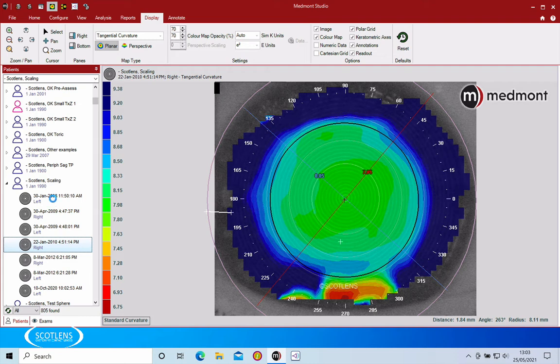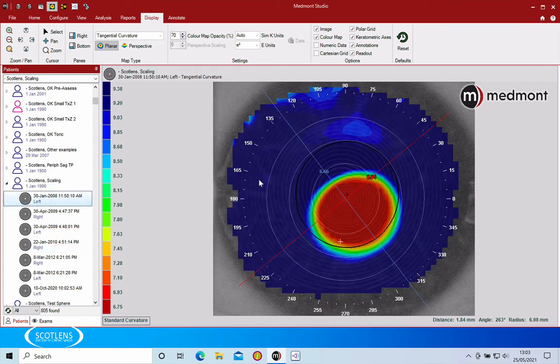So if we look at this map, we can see that we've got an abnormal cornea. So we have a very red area in the middle, and this is obviously keratoconus, surrounded by blue all around the edge. So the cornea is going off basically at both ends. And in actual fact, if we click on the middle of the cone here, we can see that the radius is 5.81 millimetres, and the scale only goes to 6.75.